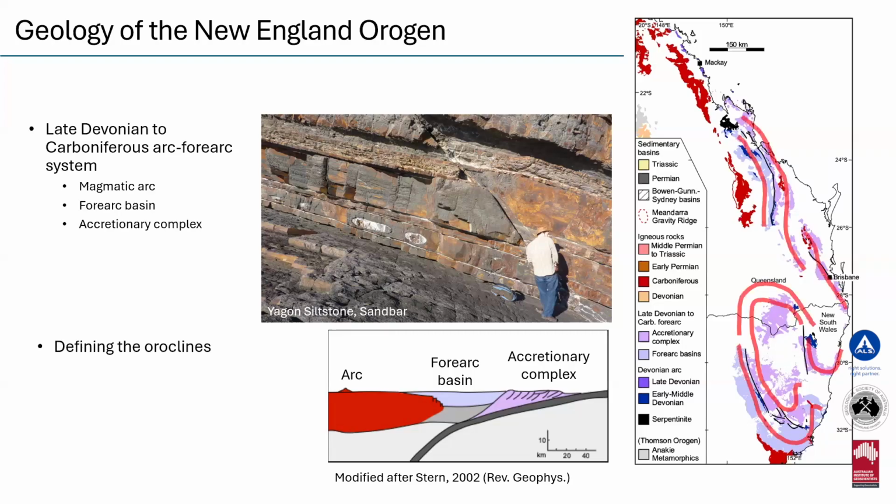And again, if we look at the bedding, the fabrics, different features within those, and put all those units back together, we can see that they delineate the oroclines, basically telling us that those units got rotated and translated after they formed, sometime later.